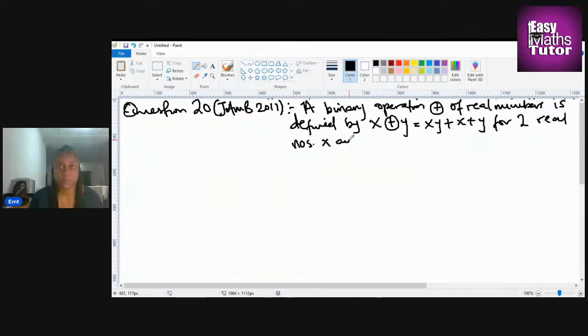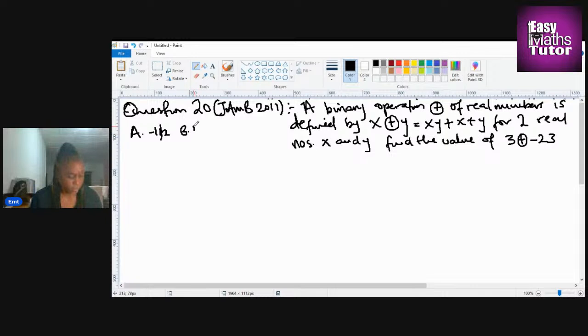Find the value of 3 binary minus 2 over 3. Options: A, minus 1 over 2. B, 1 over 3. C, minus 1. And D is 2.